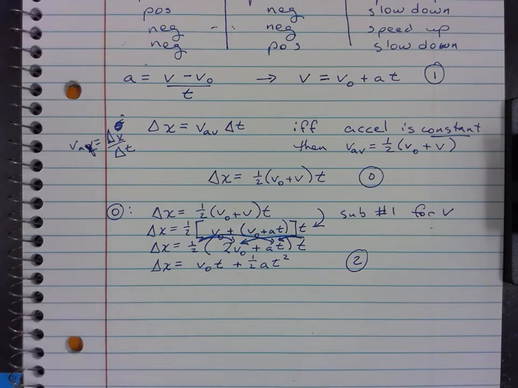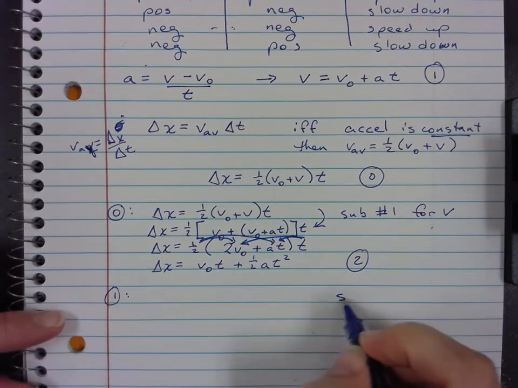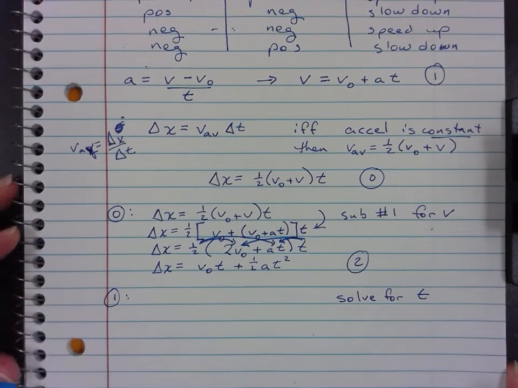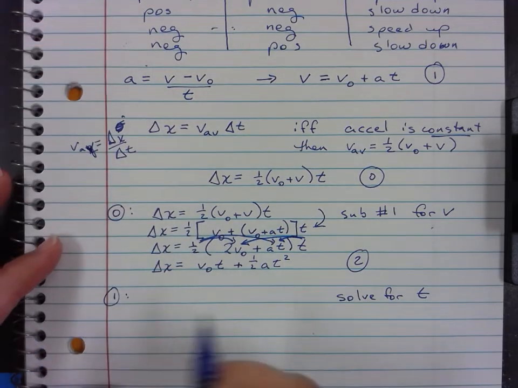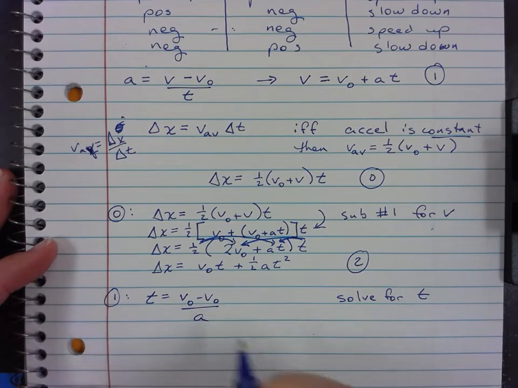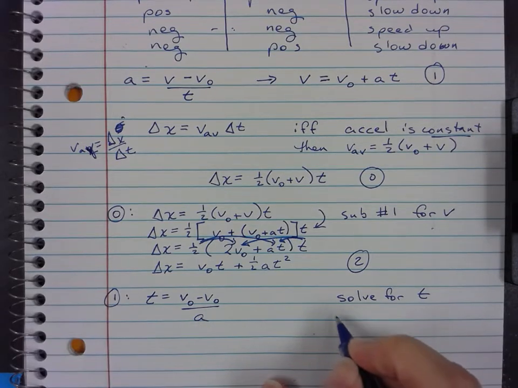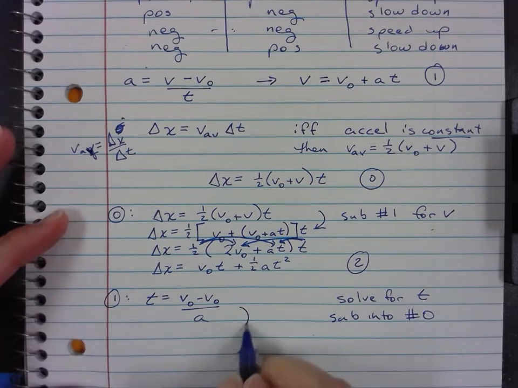To get equation number 3, we again go back to equation number 1, but solve for t. So making sure it's on the screen. If I cross multiply and then divide by this, t equals v minus v naught over a. I'm going to put this in for t, substitute into number 0.